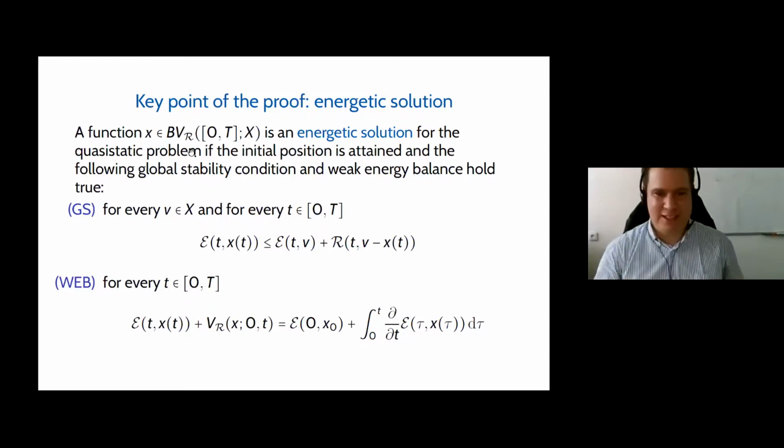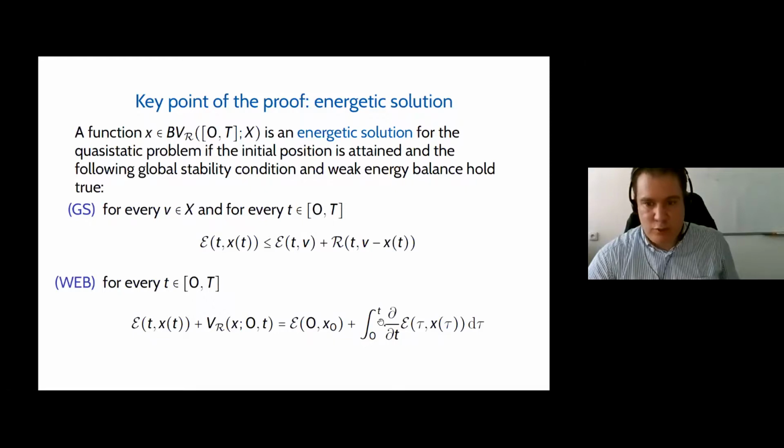So also this metric which you use to compute the variation depends on time, but with all the assumptions we have, everything goes quite nice and quite usual. One has to verify everything, but there are no surprises. And again, as you see, the differential solution can be generalized with this energetic solution consisting of a global stability condition and a weak energy balance.